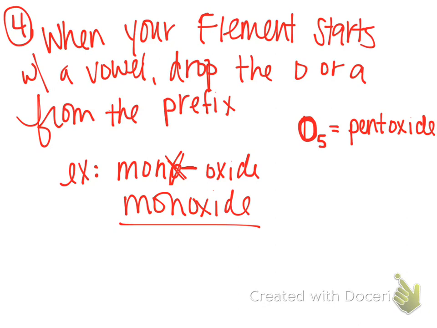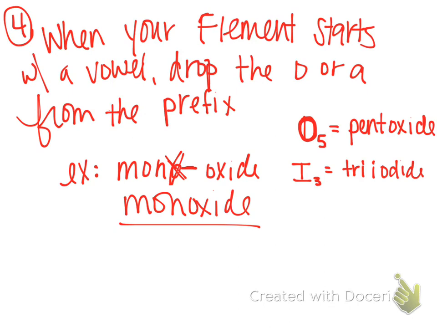Okay? Tri always gets to keep that, di always gets to keep its I. So if you would have something that looks like this, I3, what would you call it? Triiodide. Right, that's funky. That's how it goes. Okay, the I gets to stay, but the A or the O gets dropped if we have a vowel start. Okay? Questions? You ready to try some?